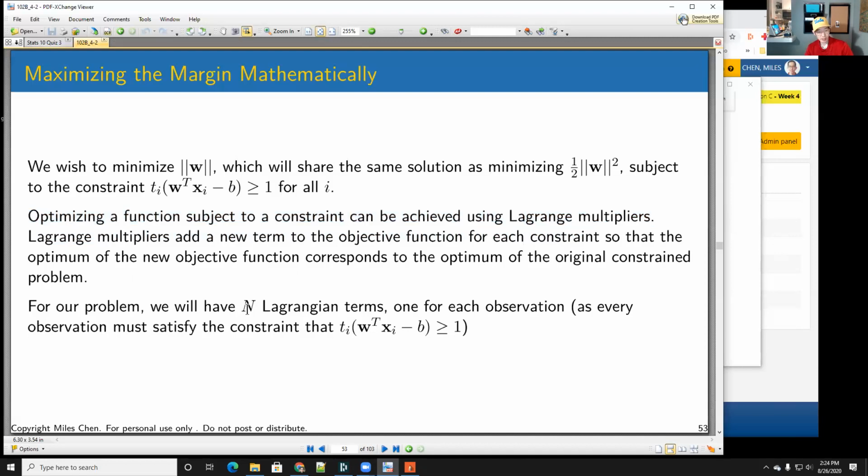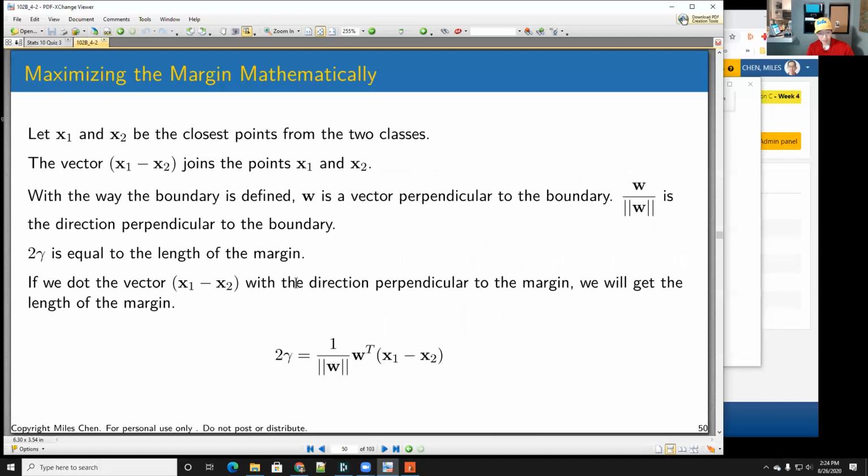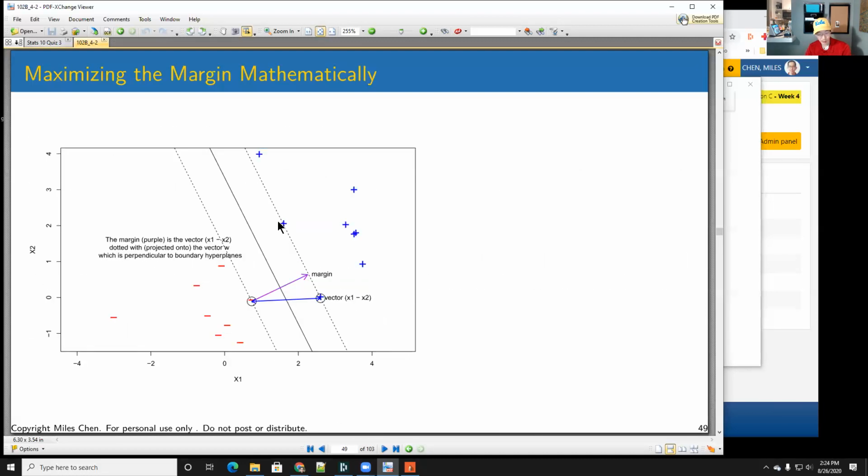So technically, how many Lagrange terms do we have? We have one for every single data point. Every single data point has its own constraint that we have to consider. We need to pick a margin so that this point gets classified correctly on the positive side, this point gets classified correctly on the positive side, and this point gets correctly classified on the negative side.